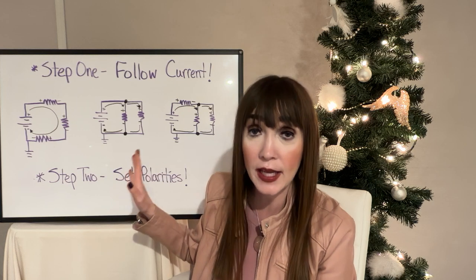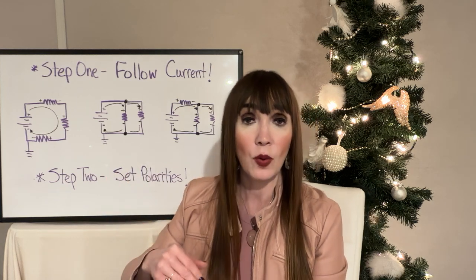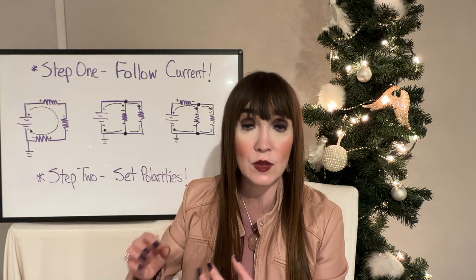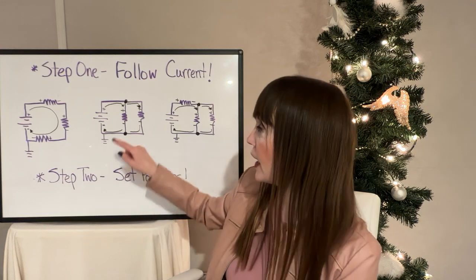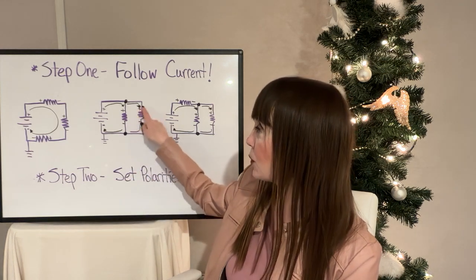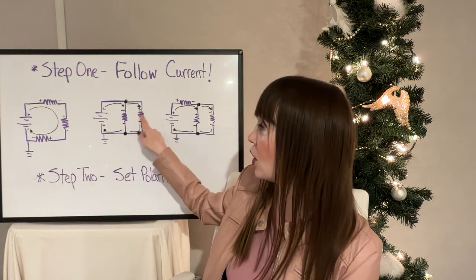So we know current's dividing here. When we're using our current values, we can't use I total when calculating unknowns across this branch because our I total is not flowing here.